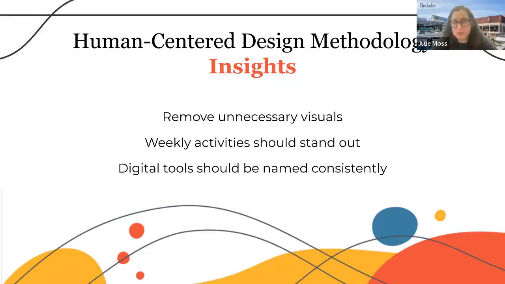And digital tools should be named consistently. This is something that we more or less believed we were doing, but when we really observed the user experience, we saw small ways in which these inconsistencies were creating even the smallest elements of confusion.